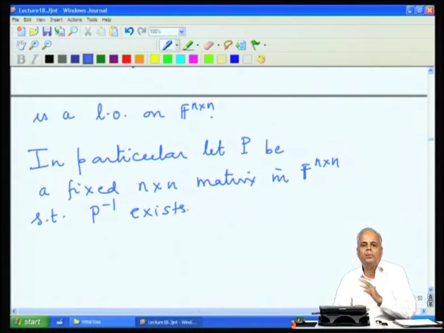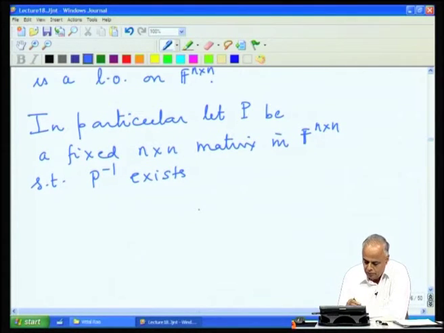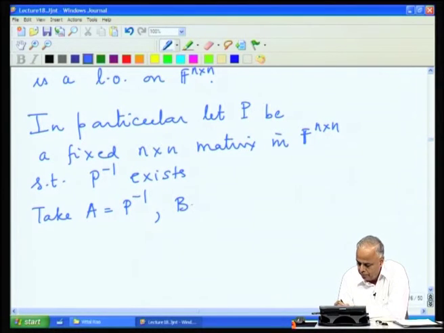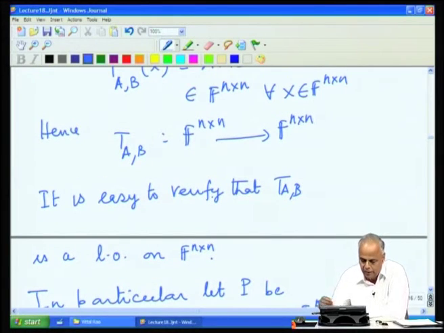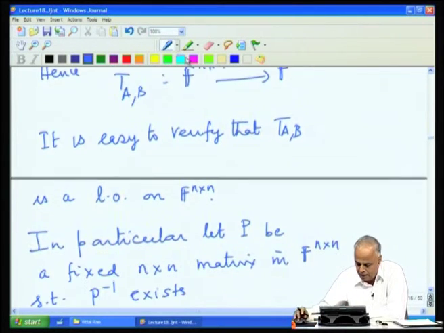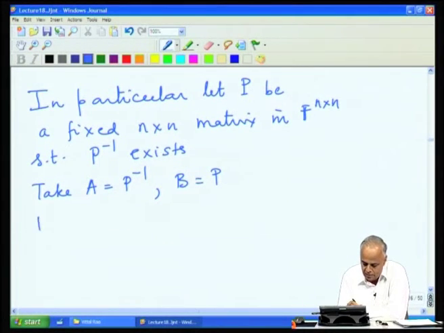Suppose I start with an n by n matrix which is invertible, then we take A to be P inverse and B to be P in the above. So, if we take A to be P inverse and B to be P, what we get is a linear transformation, then we can define TAB.